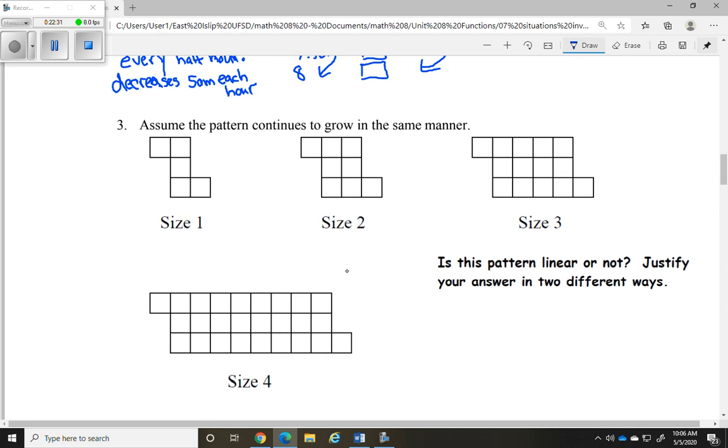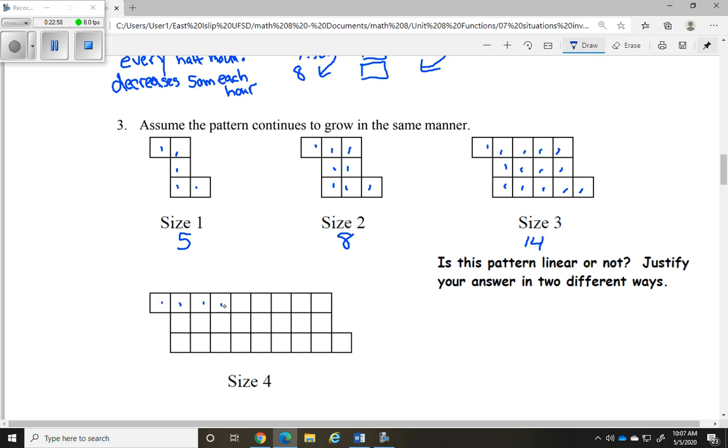Number 3, assume the pattern continues to grow in the same manner. So let's count how many blocks there are. 1, 2, 3, 4, 5 in the first size. 1, 2, 3, 4, 5, 6, 7, 8 in the second size. 1 through 14 in the third size.